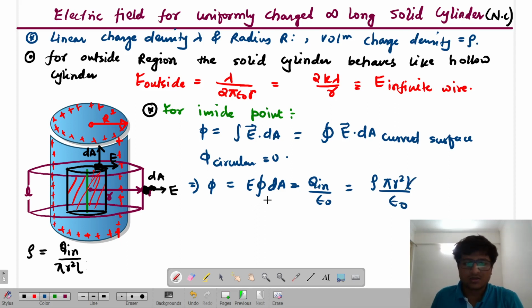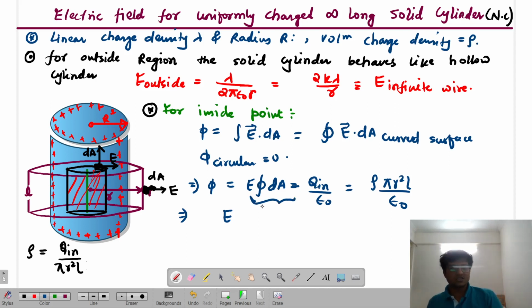Okay, integral dA in terms of the Gauss surface. So look over there, you can see one thing: whatever I am applying, if I am applying the flux rule of Gauss law, I must apply it on the Gaussian surface, not on the whole body. Is that clear or not? So when you apply integral E dot dA, this dA means the area of the Gaussian surface, not of the whole body.